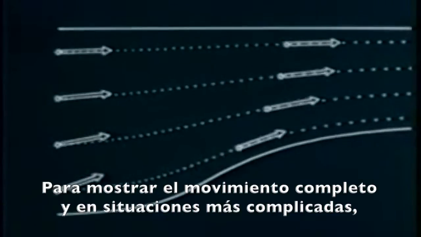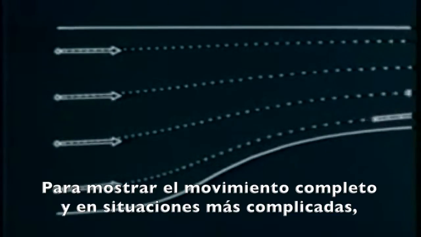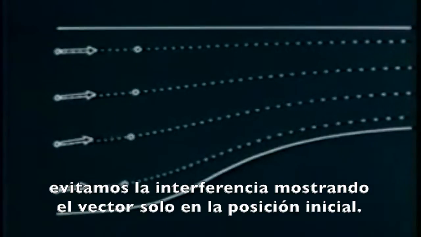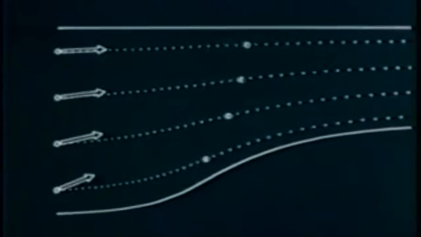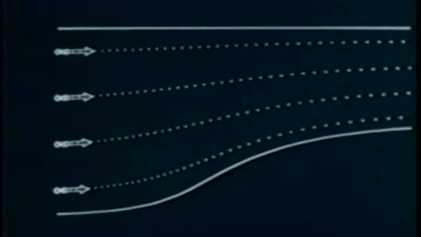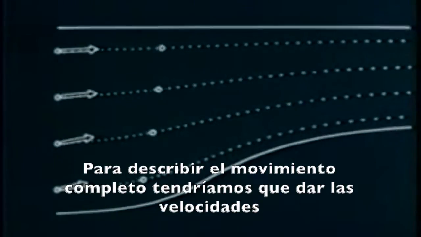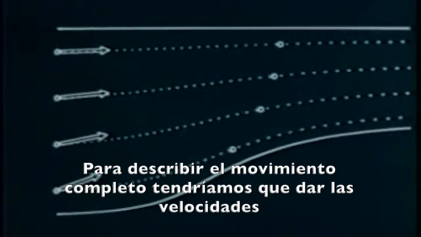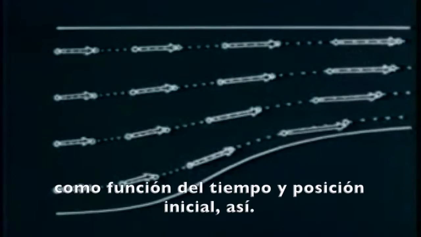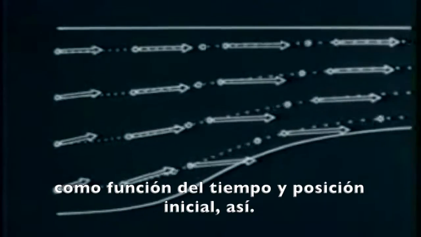To display the whole motion, and in more complicated situations, we avoid interference by showing the vector only at the initial location. To describe the whole motion, we would have to give the velocity of all the pieces of matter in the flow as a function of time and initial position, like this.